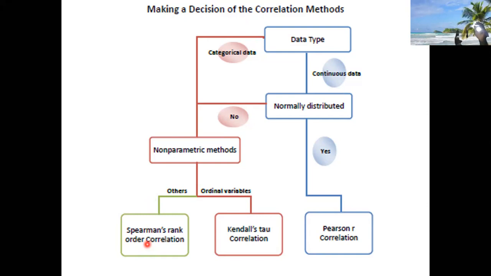If you are dealing with a discrete variable, because it cannot be normally distributed, use Spearman. But when you are dealing with an ordinal variable, use Kendall, and you can also use Spearman for ordinal variables. When the sample size is very small and there are a lot of ties, Kendall is better. But hardly do people use Kendall.